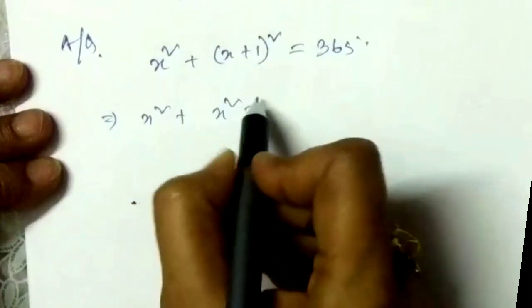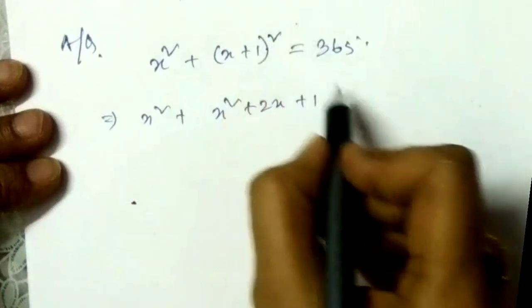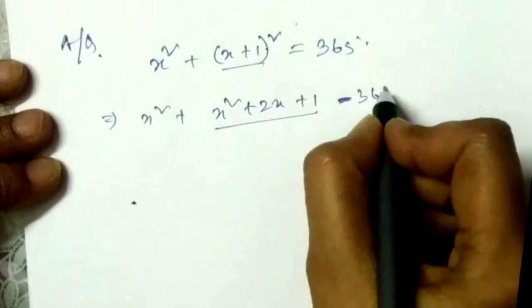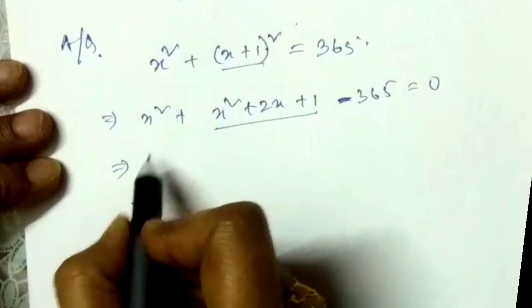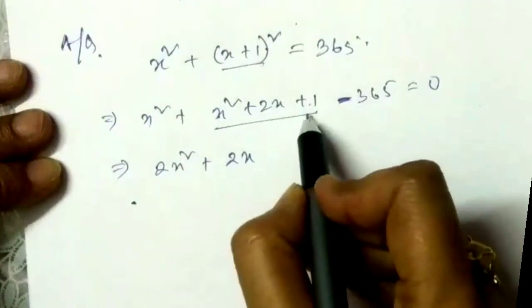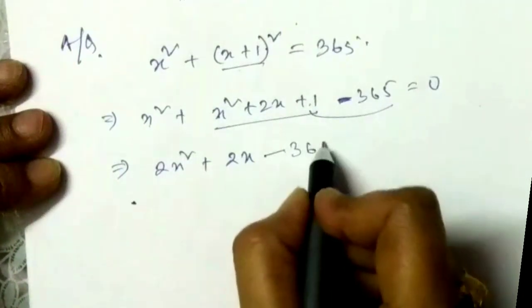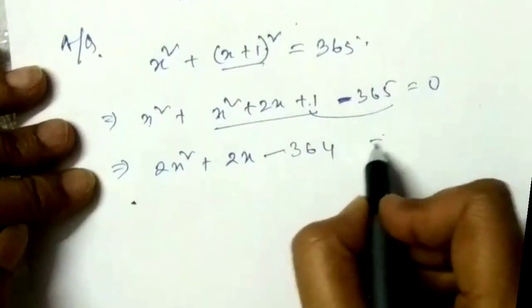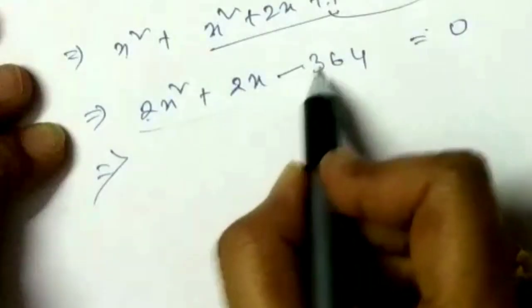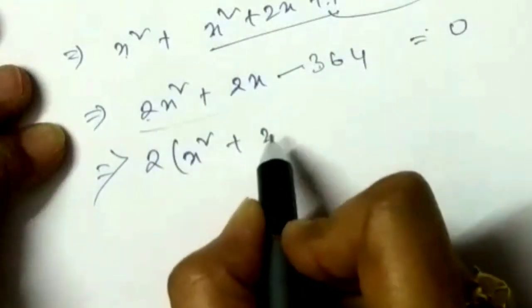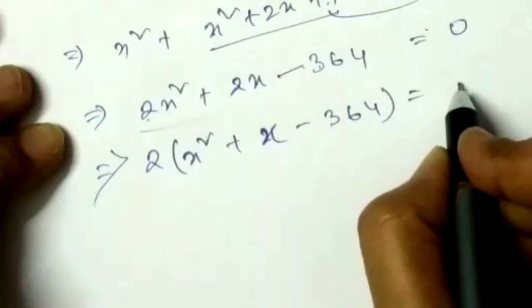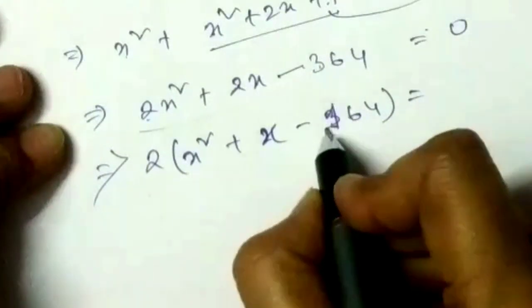Up to some extent I will solve. This is the formula of a plus b whole square. 365 I can shift to the left hand side. x square and x square, 2x square, plus 2x, minus 364. So in this all the terms, 2 is common. We can take it common, or directly you can cancel, 182.